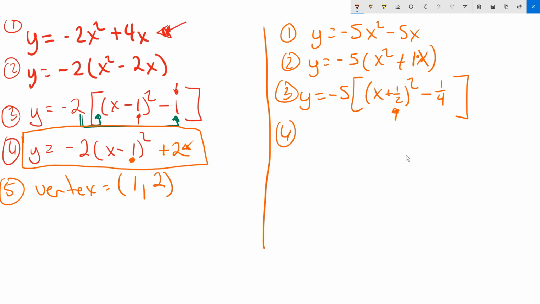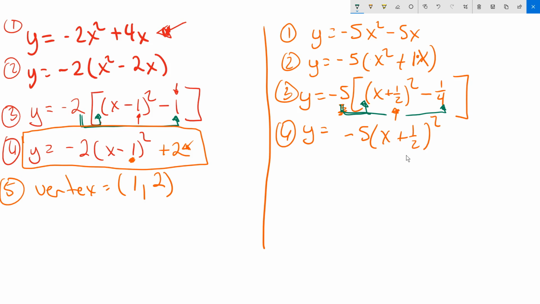At the next stage, you distribute that negative 5 through each thing that you see inside the bracket. So it becomes negative 5 times x plus 1/2 squared. That negative 5 has to go in front of here, but it also has to go over to that negative 1/4.